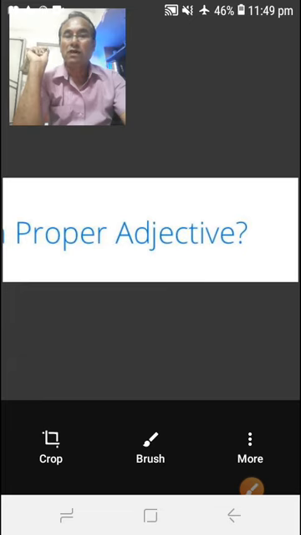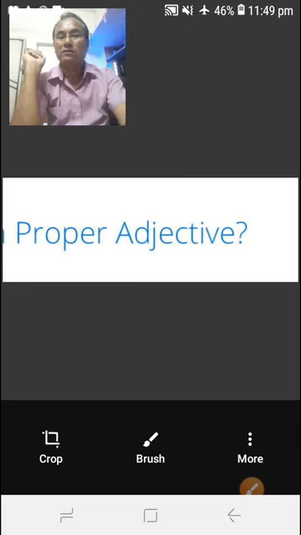Like other adjectives, the proper adjective modifies nouns and pronouns. India is a proper noun, and I am an Indian. So Indian is an adjective formed from India. An adjective which is formed from a proper noun is called a proper adjective. Now let's move to the next.